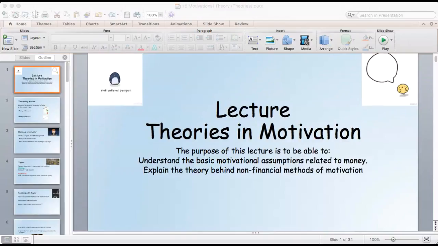Is there a sense of achievement, and do you feel like you're actually doing a really good job? And do you feel like you're growing as an individual? Are you learning from your work? Are you becoming more intelligent? Are you learning skills? Do you feel like you're growing as a person? And these are all motivators.